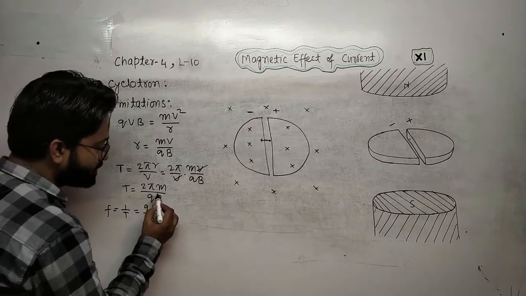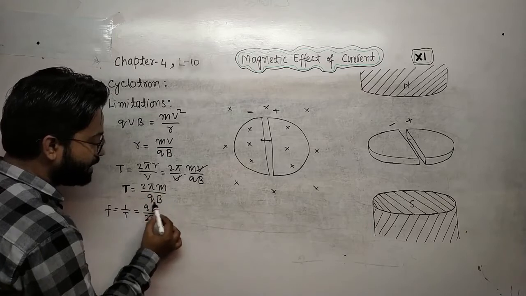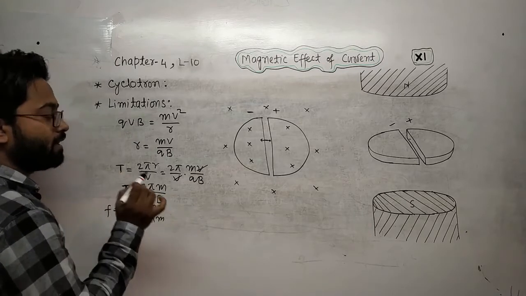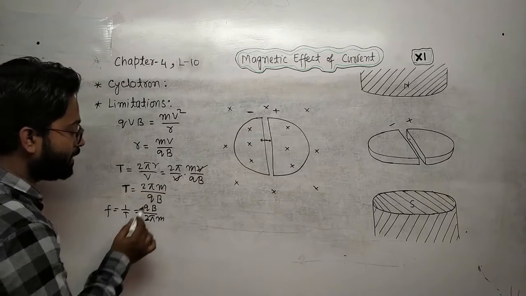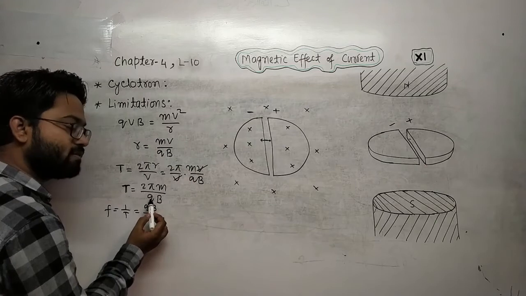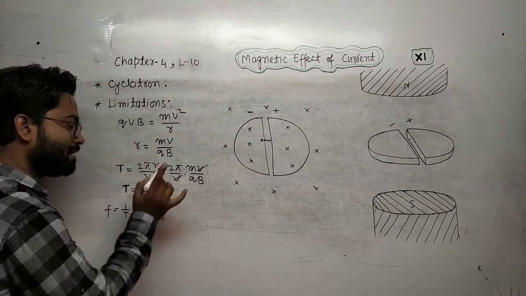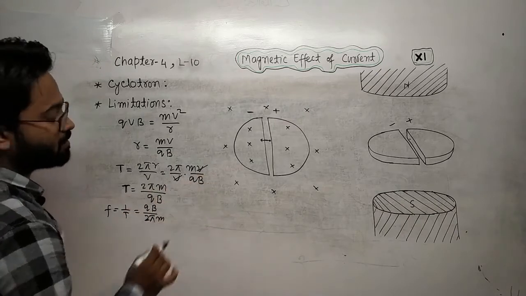Here you will see that the time period is independent of the radius and velocity. Why? 2 pi is constant, the mass of the charge is constant, the charge of that particular particle is constant, and the magnetic field is also constant.